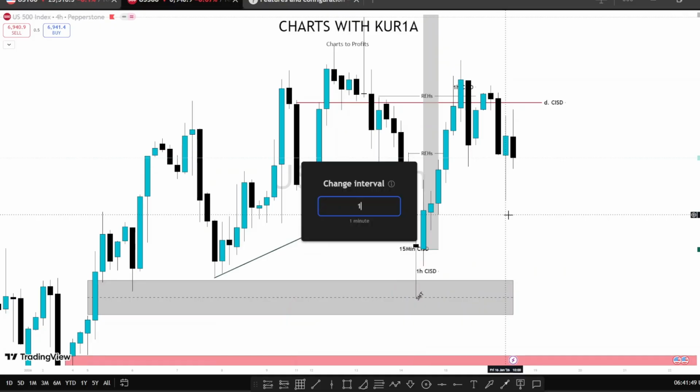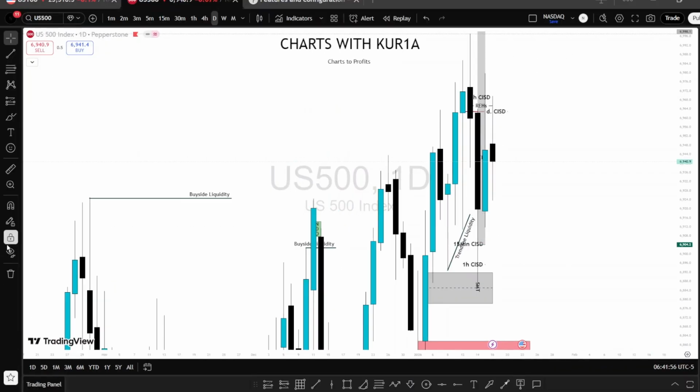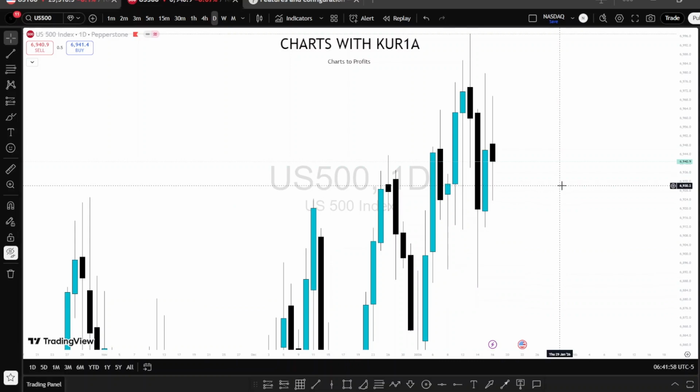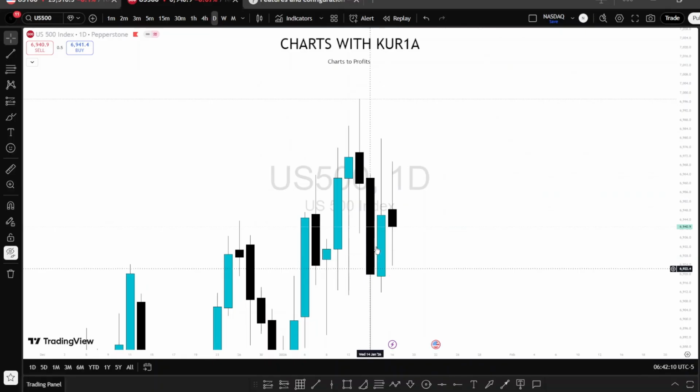On Friday, I don't know if I should talk about this in this video, but maybe I should. So let me just hide this. On Friday, I wanted to be bearish, but I wasn't sure, because these are the moments where I say price has come to a very decisive point, because we have this candle which came to the upside, swept the previous day low and so forth, but it was not able to form a daily change in state of delivery.